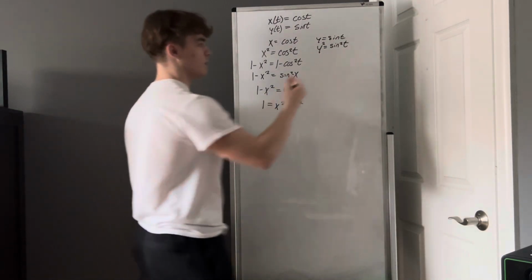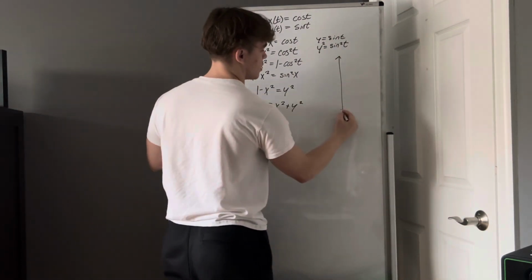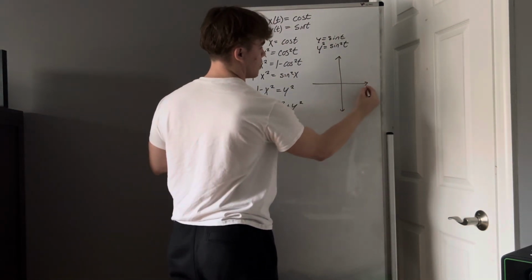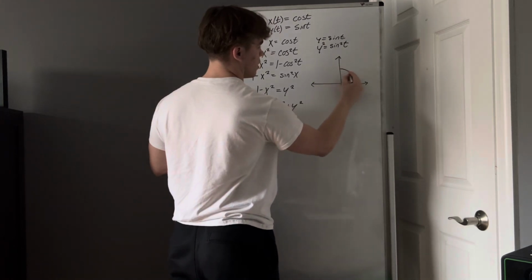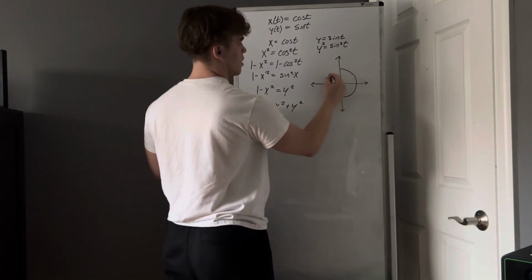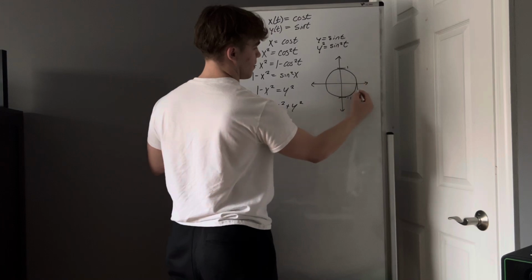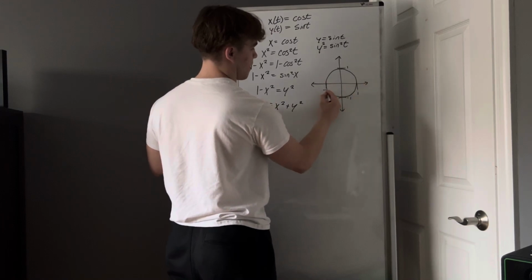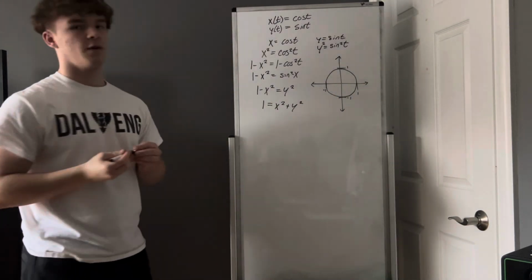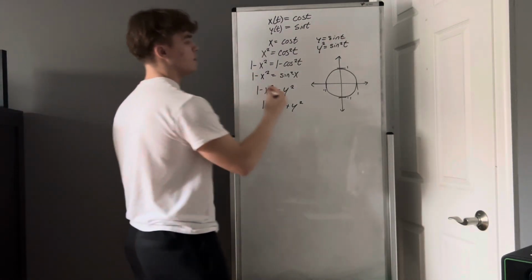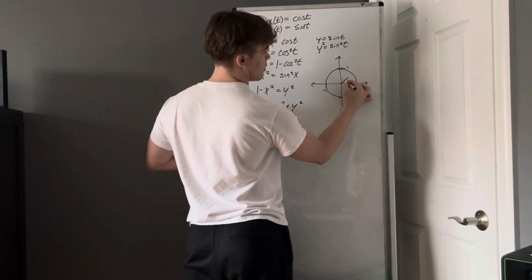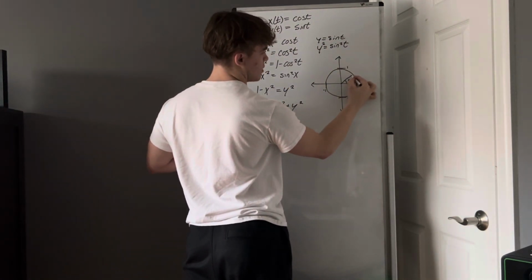And in case you don't know what I'm talking about, it's just this. Very simple. And our t would be the angle coming out from here, in radians, of course.